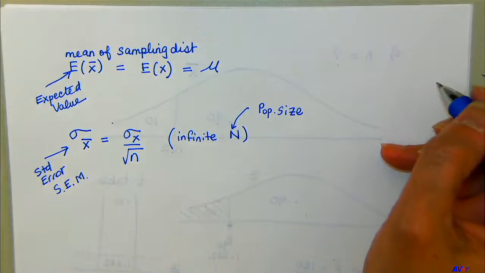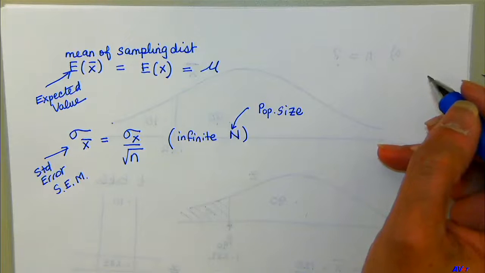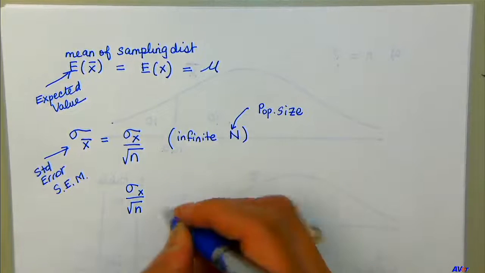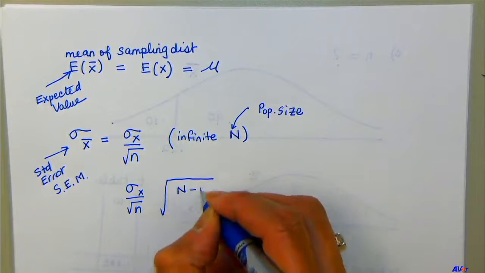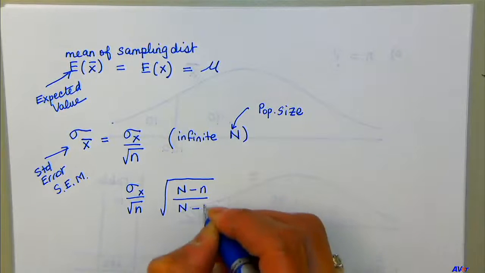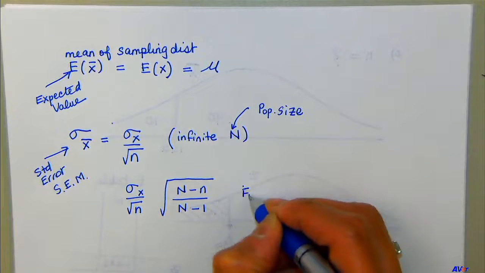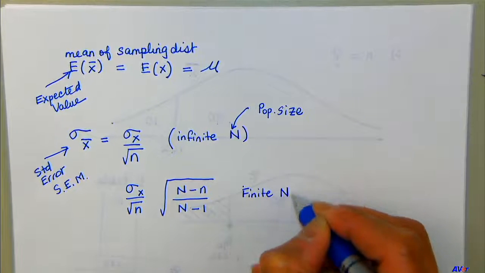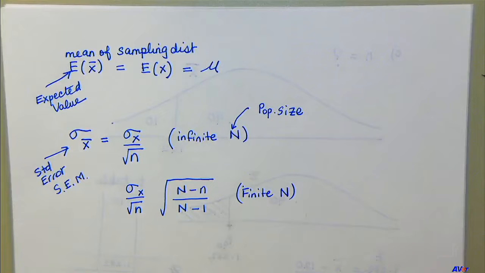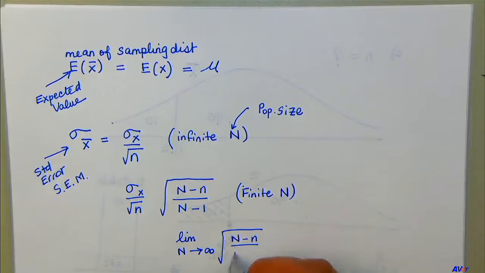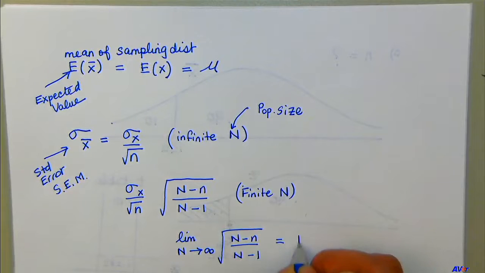There's another one that applies to finite populations. Sigma x over rad n times radical capital N minus n over N minus 1. And this is for finite N, where the limit as N goes to infinity of this N minus n over N minus 1 is just 1.